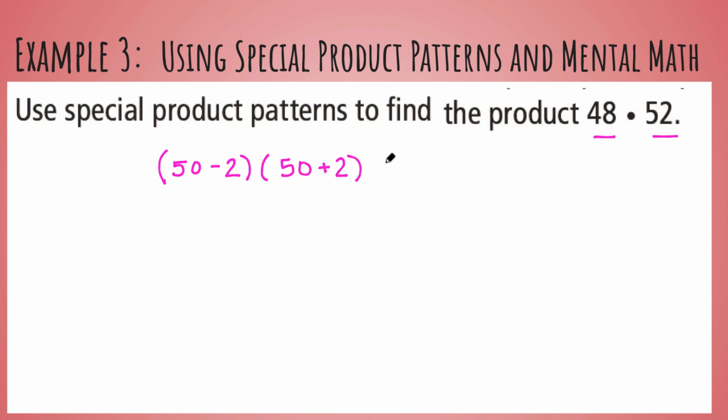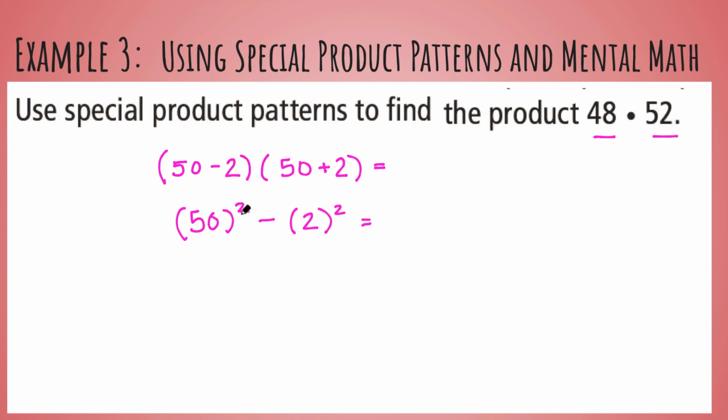So which special product pattern is this? And hopefully you said this is our sum and difference pattern. So when we multiply this together, we have a minus b times a plus b. So we're going to have a squared, so 50 squared, and we're going to subtract our b squared.